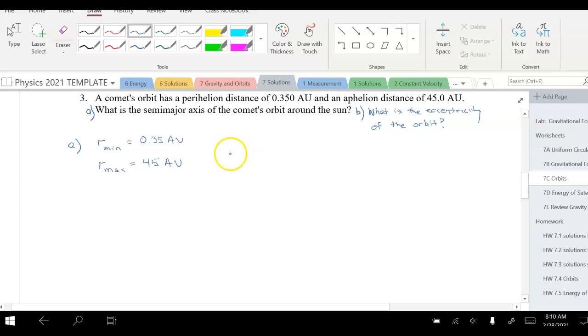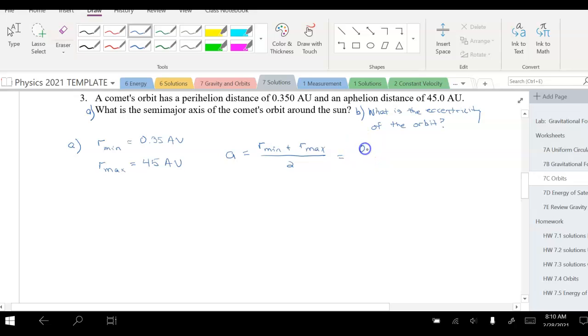Well, I know that we talked about a relationship where the semi-major axis equals the sum of r min plus r max divided by 2. Because remember, r min and r max added together make up the entire major axis of the ellipse. And the semi-major axis is just half of that major axis. I'm just going to continue to work in the units of astronomical units, in AU. I think that'll be okay.